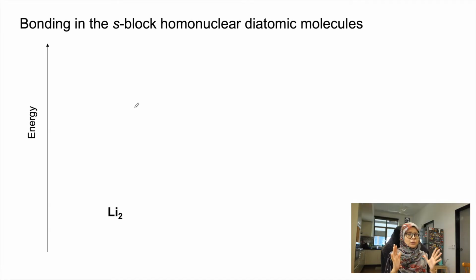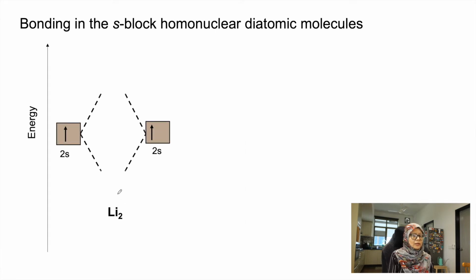For the first one, you need to show only the valence electrons for that element. In this example, we have Li2. The proton number for lithium is 3, so the electron configuration for lithium is 1s2 2s1.